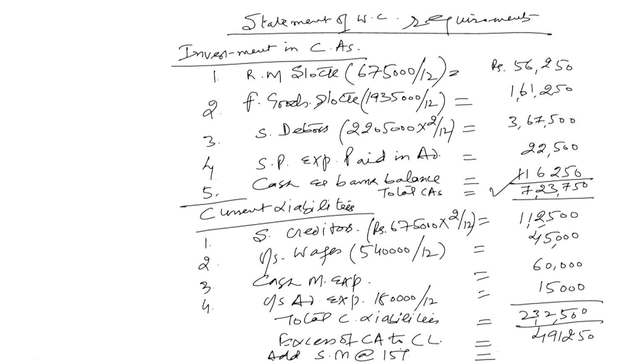This will be how much? If you take 15% of this, it will be something like 73,687. So, if you take this, then we will move to the next sheet.